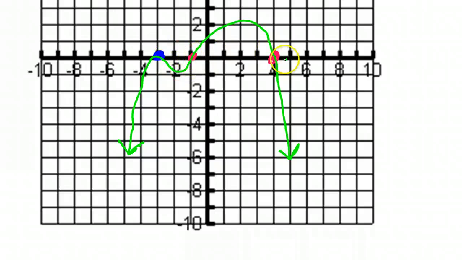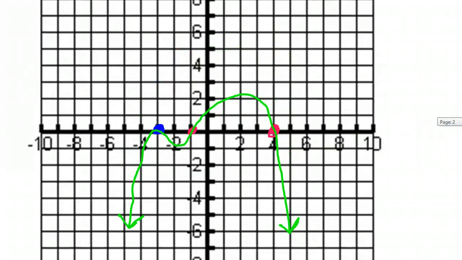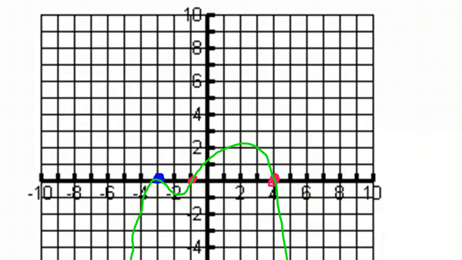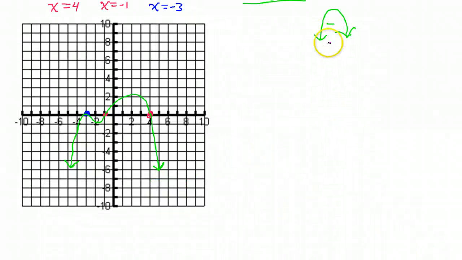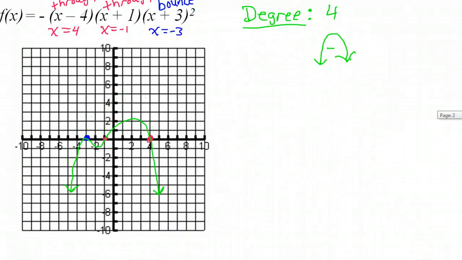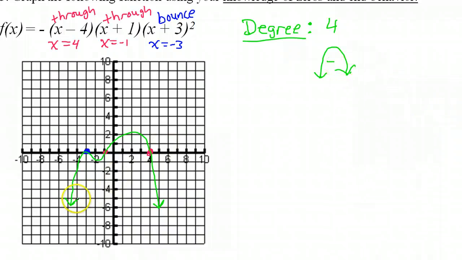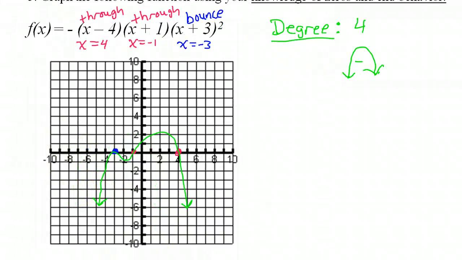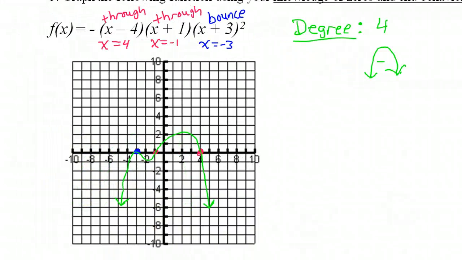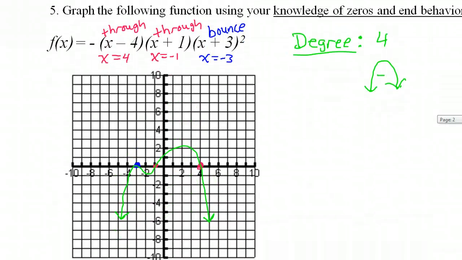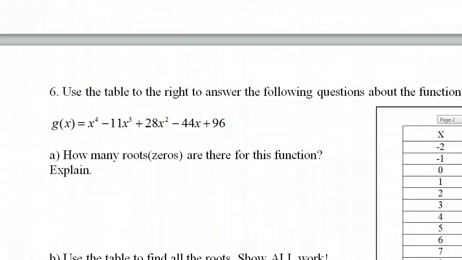Bounce, through. And we decided up front that the end behavior was going to be like a downward facing parabola. And you can see it falls on the left, falls on the right. It matches. So there you go. That's what number 5 should look like.